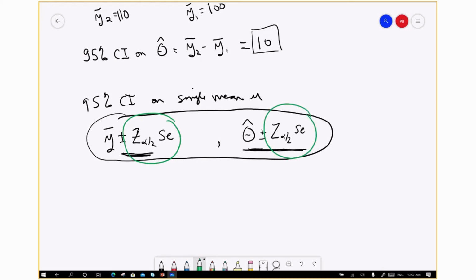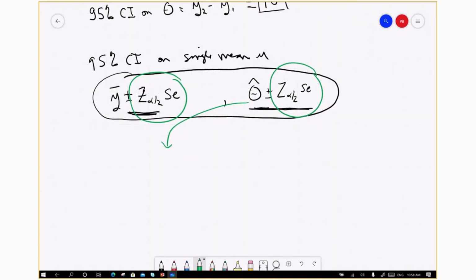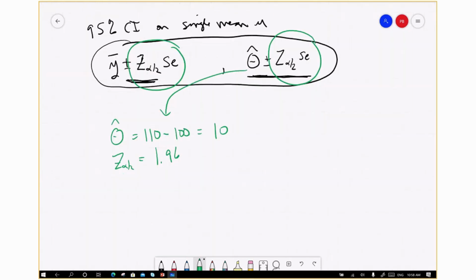So let's think about our situation. What do we got here? Well, what's theta hat? It's equal to 110 minus 100, which is equal to 10. What's z alpha over 2? For a 95% confidence interval, it's 1.96. What's our standard error?